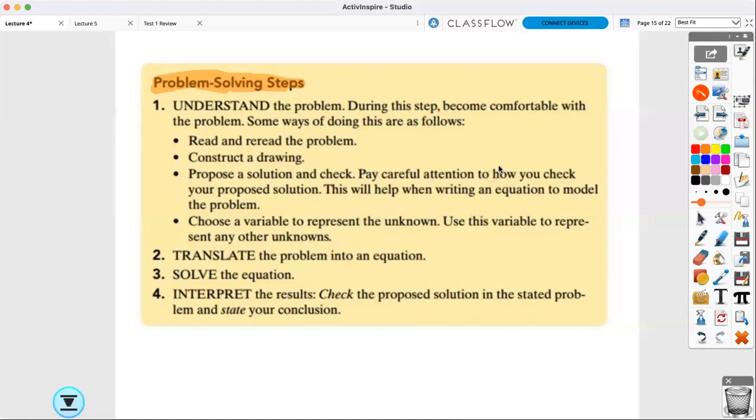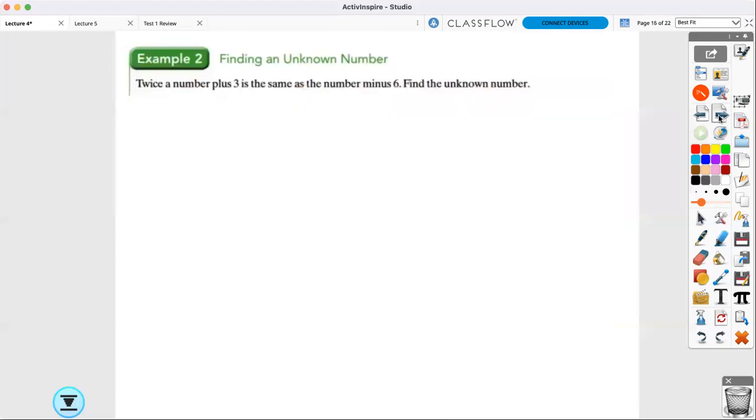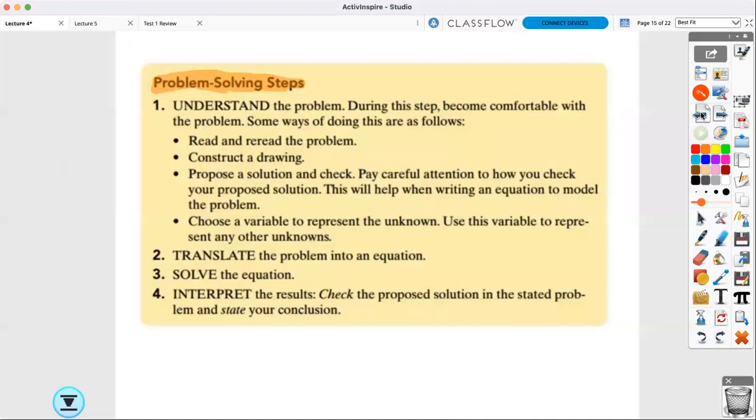All right, we're going to try these steps out, right? Here's our first word problem, example 2. I'm going to give you guys 2 minutes to write this down because it is 2 sentences, so good luck. Can you go back? Yes. Because I'm almost finished copying that. Oh, okay, let me know when you're good. Okay, thank you.